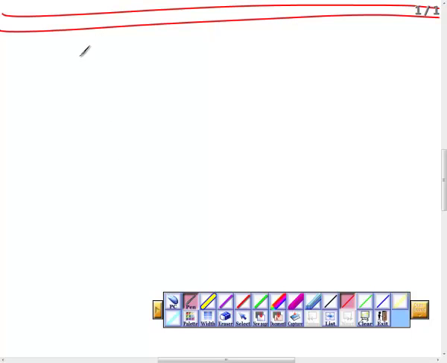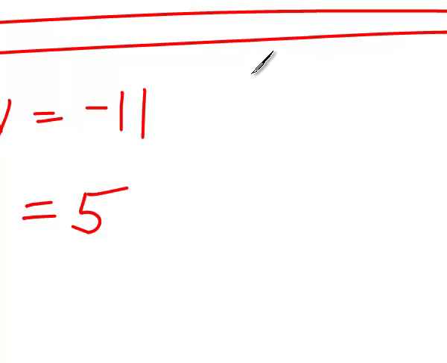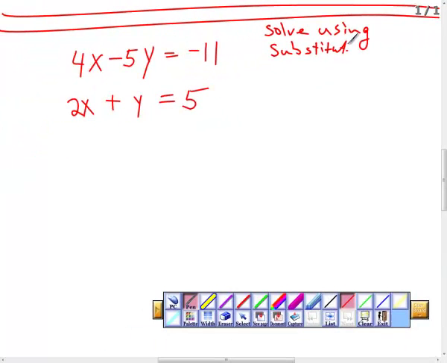Here's one. 4x minus 5y equals negative 11. And 2x plus 1y equals 5. And you're going to solve using the substitution method. Okay, solve using the substitution method. And I'm going to have you decide which one to solve for. All right, go ahead and try this.